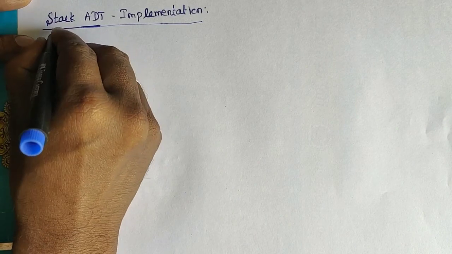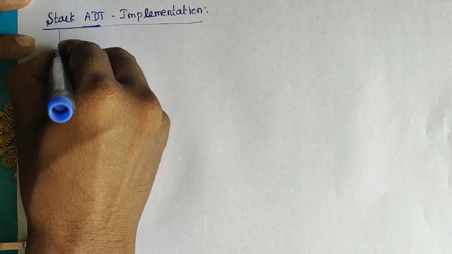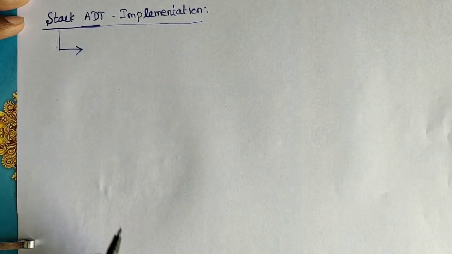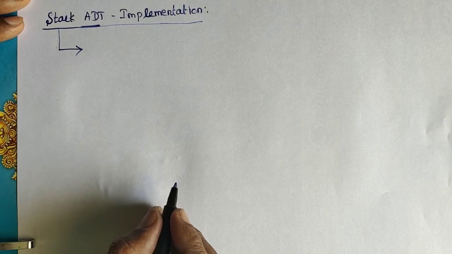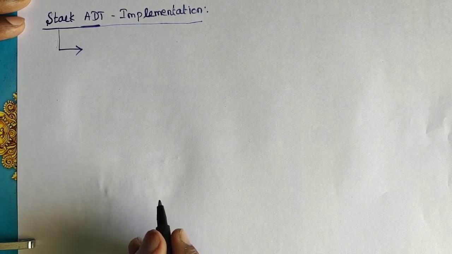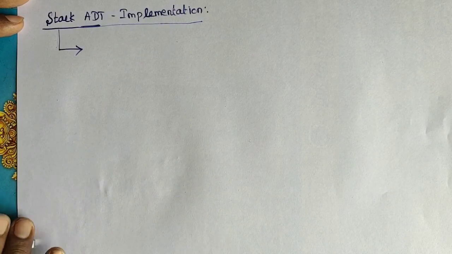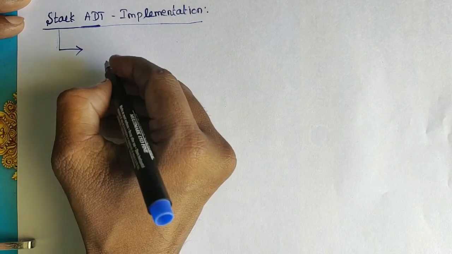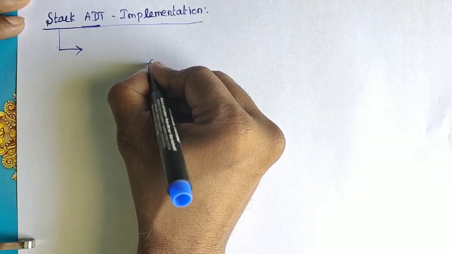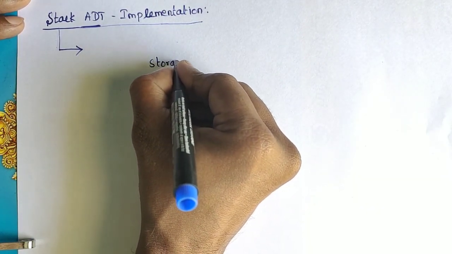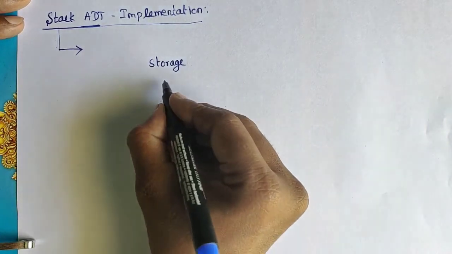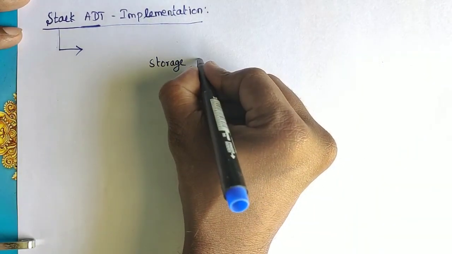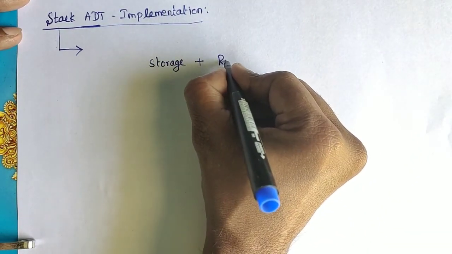Next, come to the stack implementation, the basic ideas. If you want to create any data structure, that is possible only with some other data structure. The basic definition of a data structure is some storage to store the elements plus the rules to access the elements.